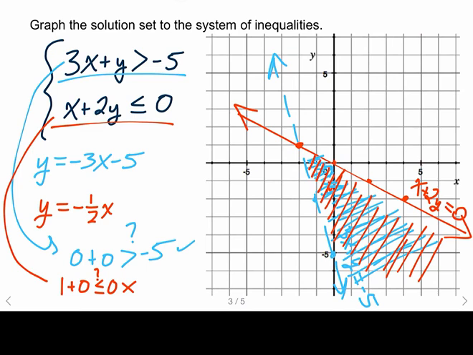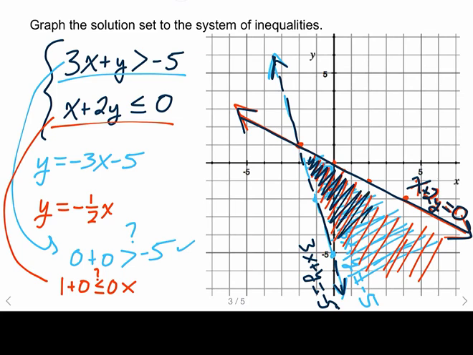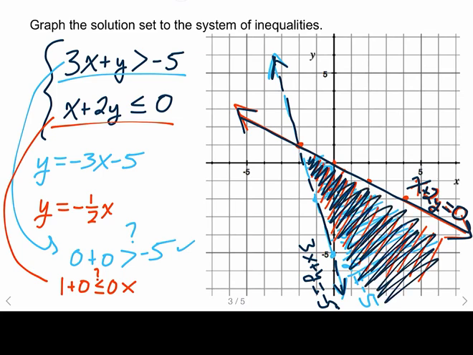Now I've lost my equation here, so I'm going to rewrite it. I've drawn now the lines solid and dashed respectively in black, and now I'm shading the solution set to make it clear for one and all that these points in between these two lines are the solution to the system. That's it. Short and sweet.